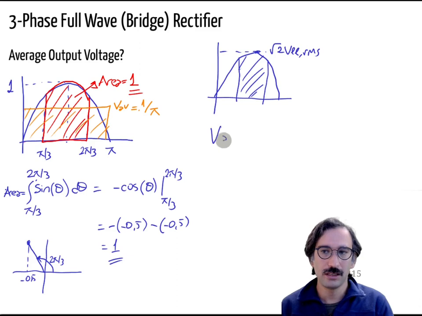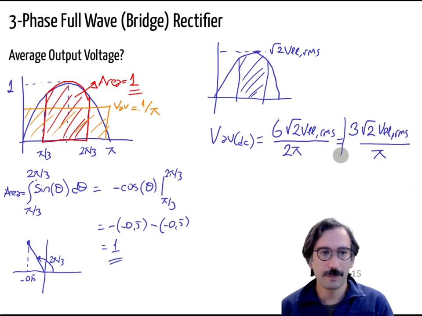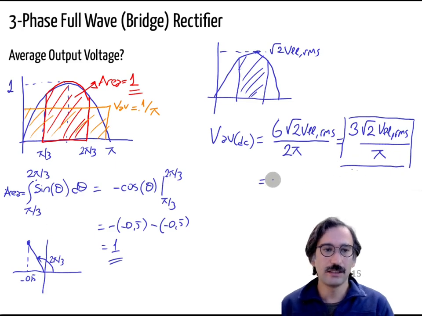So V average DC is: instead of an area equal to 1, I will have square root 2 VLL RMS in one of them, and I have 6 of those areas, and I need to divide by 2 pi. Actually you can write it like 3 square root 2 VLL RMS divided by pi, and you can calculate that one.